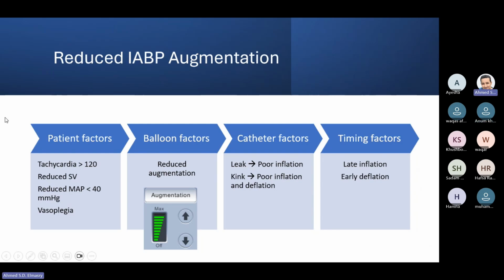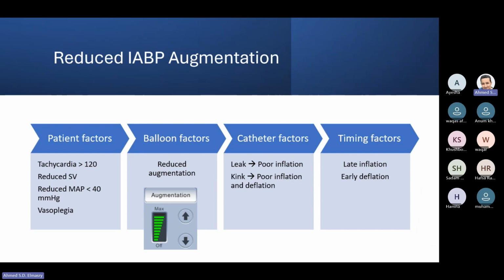Actually, the most common one is weaning the ratio. But the more physiological one is to wean the augmentation percentage. The common approach, as I told you, is to wean the ratio 1:1, 1:2, 1:3. This is not the more beneficial one for the patient.